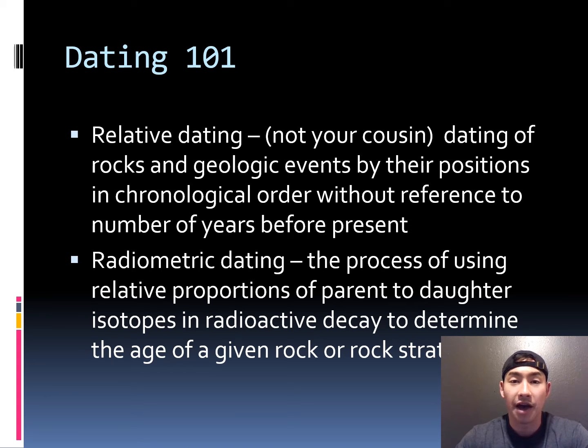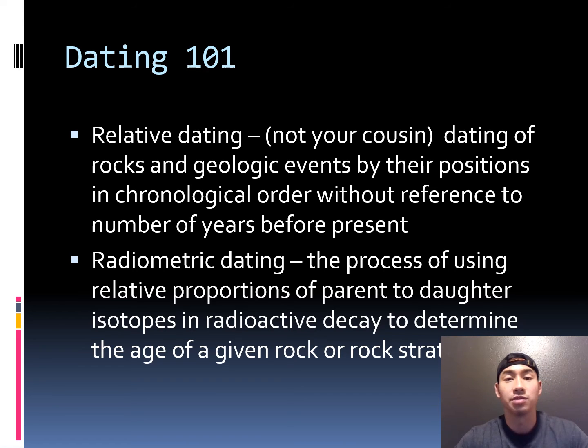And based on that, we're able to determine a chronological order of when these events occurred, when these units were deposited. So it's kind of looking at what came first, second, third, fourth, fifth, instead of unit X is 5 million years old and unit Y is 3 million years old.